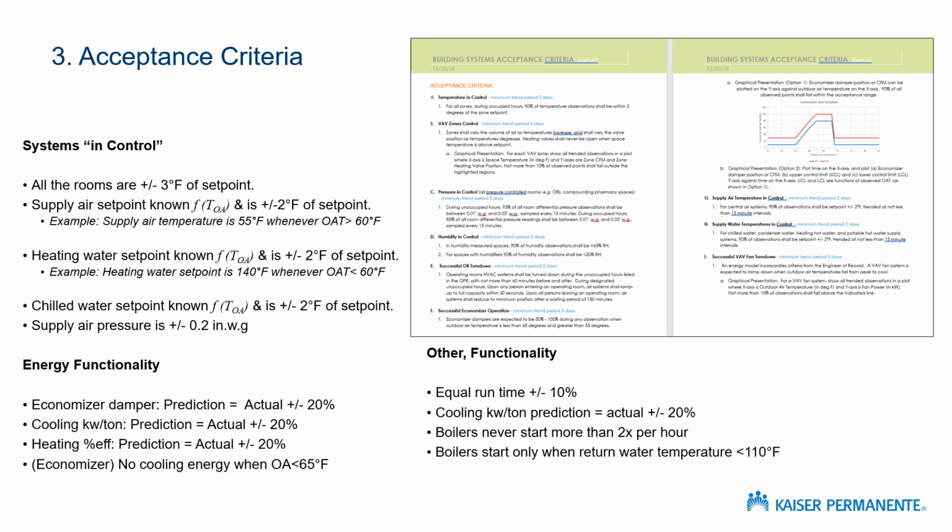We can go out and measure and make sure that that's happening. With the heating plant, we go out and measure that the actual consumption of the heating plant is what we predicted it was going to be. So that's the second bucket, right? Energy functionality. And all of these need to be numeric. And acceptance criteria that doesn't have a number in it becomes an unenforceable acceptance criteria at the end of the project.